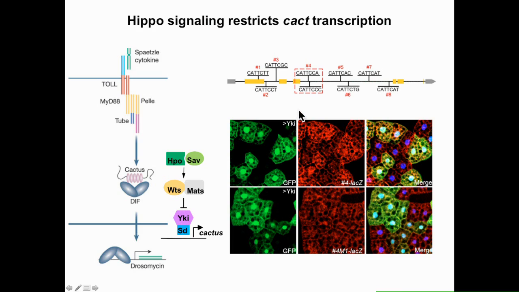If you mutate this site in a transcriptional reporter, the mutant version of this reporter can no longer respond to Yorkie overexpression, while the wild-type version can. You can see that these are clones of overexpressed Yorkie gene product, and they can turn on the reporter in a cell-autonomous manner, but the mutant version of the reporter is no longer responsive to Yorkie overexpression.